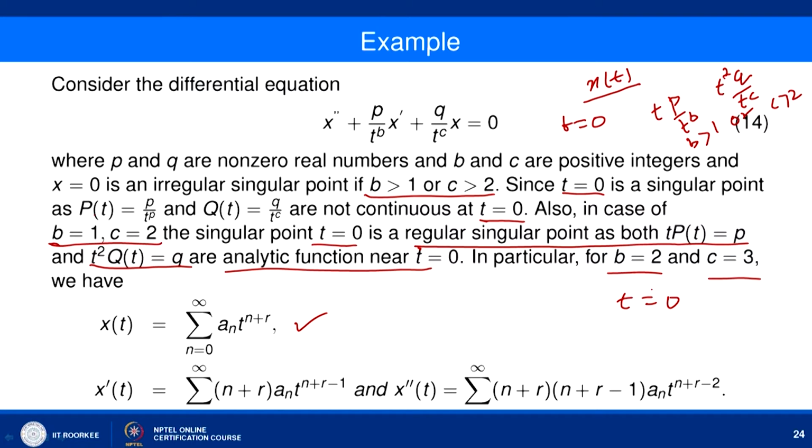We calculate x dash of t and x double dash of t. x dash of t is summation n equal to 0 to infinity n plus r a n t to the power n plus r minus 1, and x double dash of t is summation n equal to 0 to infinity n plus r into n plus r minus 1 a n t to the power n plus r minus 2. Now plug it back.